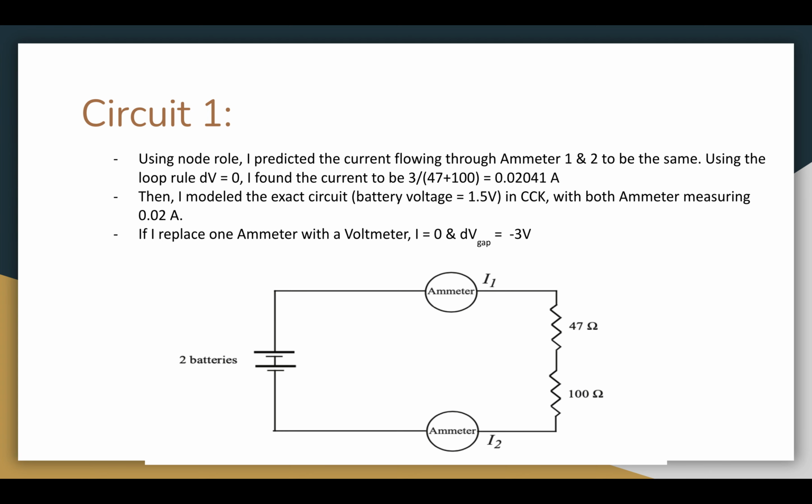And if I replace one emitter with a voltmeter, the current will stop because there's no complete circuit, and then the voltage across the gap will be the negative of the two batteries.